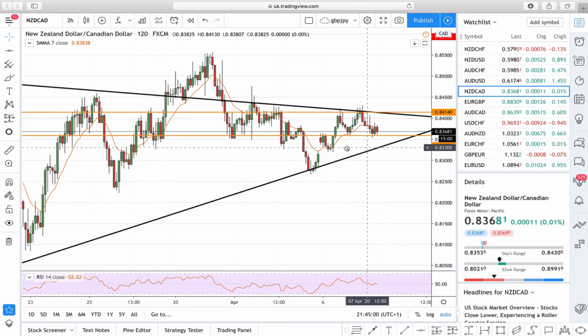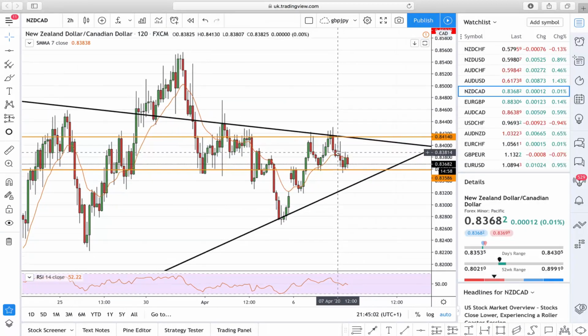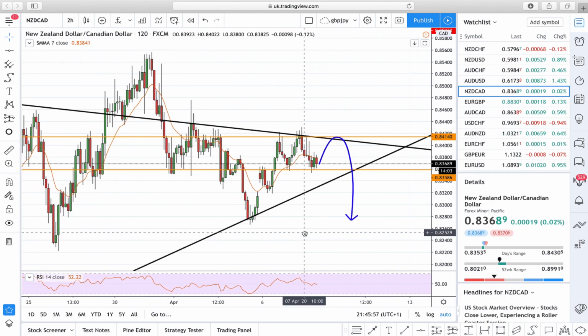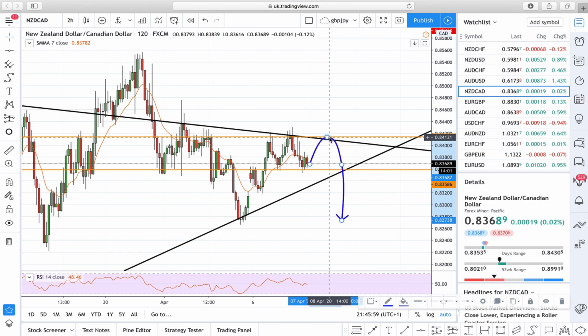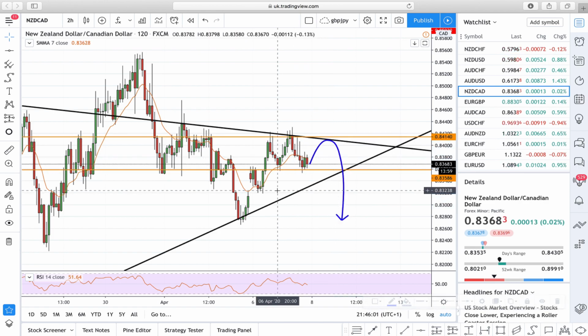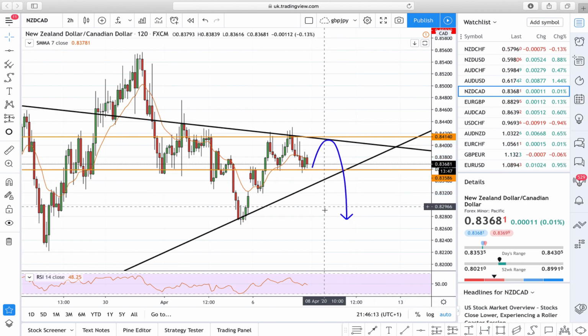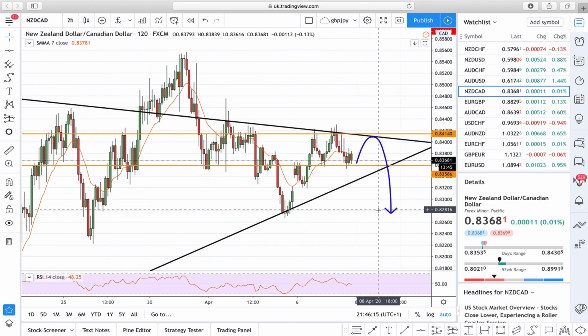So what I'm looking for this pair to actually do, if I get a squiggly line, right, that didn't take me too long, is hit the support line here, go back up to test the trend line, which is pretty close to resistance, and then have a nice big push. And my first take profit level would be this one here.